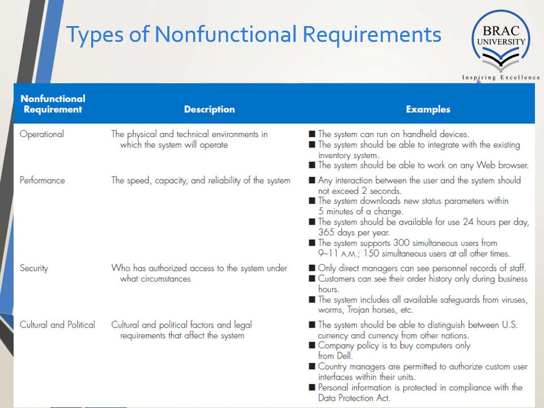And cultural and political is whether there are any cultural or legal requirements that affect the system. For example, the government says you cannot sell blacklisted items, so you cannot put that information on the website.